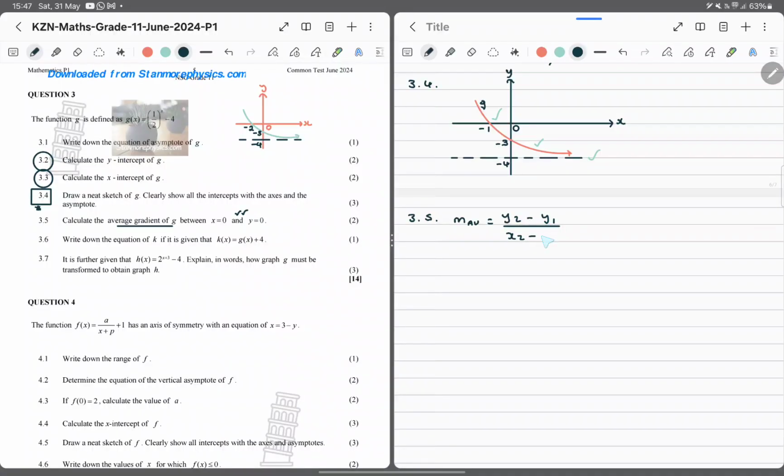All right, so minus, like so. This second y is not minus into minus 3 divided by minus 1 minus 0. Is it 0 or is it 0?